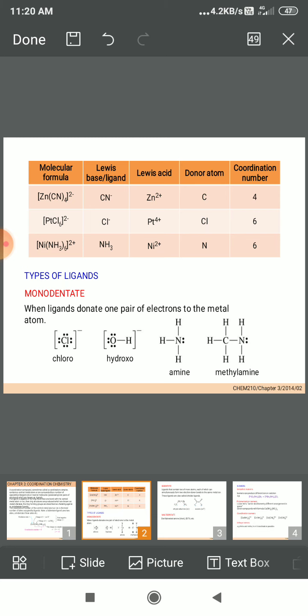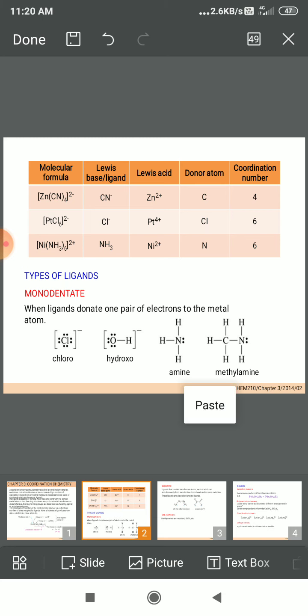Then next, [Ni(NH3)6]2+, hexaamminenickel. The Lewis base or ligand is NH3. The Lewis acid is Ni2+. The donor atom is nitrogen and the total coordination number of this complex is 6 because 6 NH3 are present.